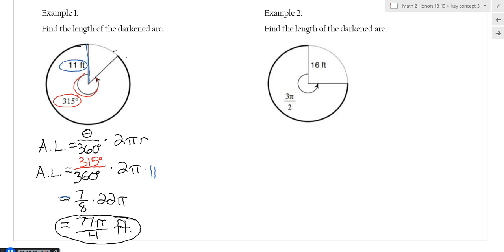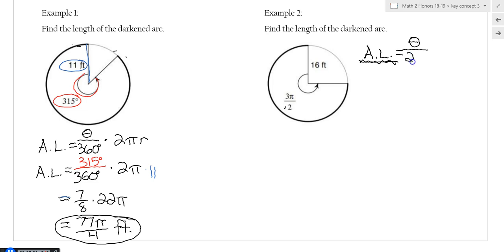Looking at our second one, the only difference with this one is now this is 3 pi over 2. This is in radians. So the only thing that's going to change is our length equals. Now when I do theta, my whole circle is, I'm not going to use 360 degrees because I'm not in degrees.